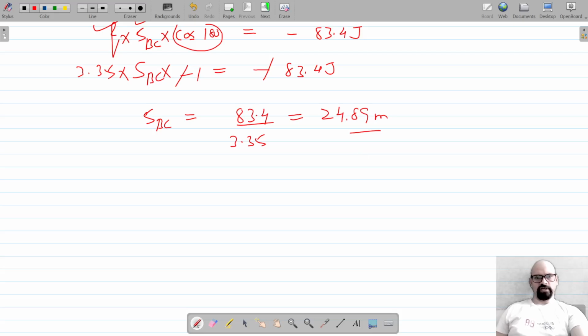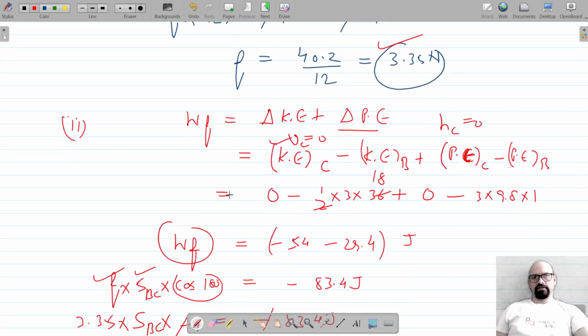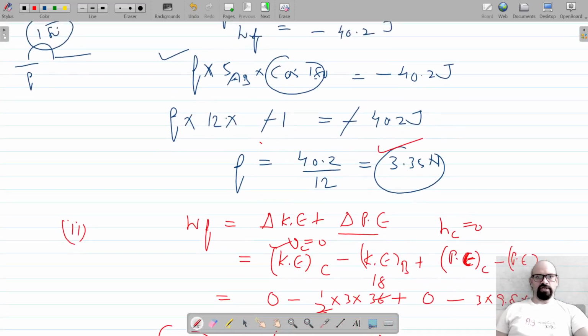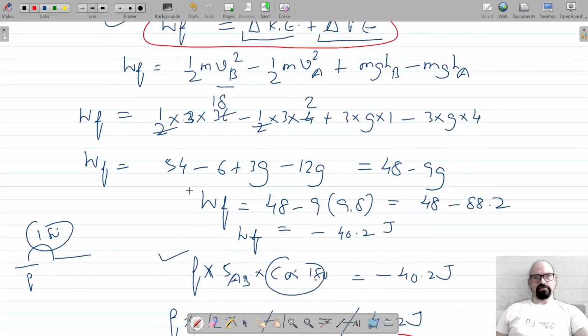So 24.89 meter is the distance it moved from B to C, assuming the same force of friction. So we have calculated the distance moved from B to C, and the force of friction is 3.35 Newton.